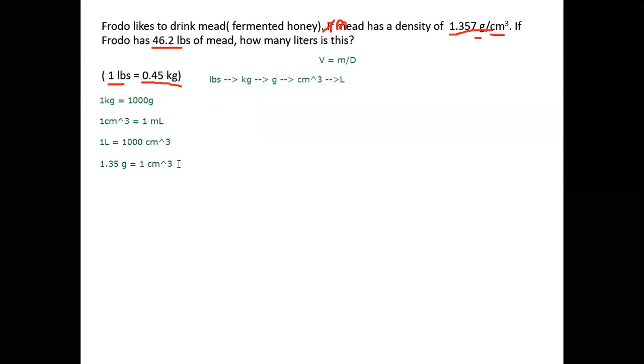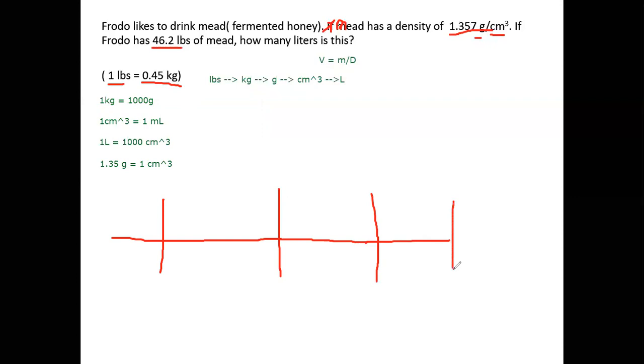So now we have all our conversion factors. We know our process, and again, there are different ways you can approach this. This is just one way. So now we're ready for our train tracks. We're starting off with pounds.